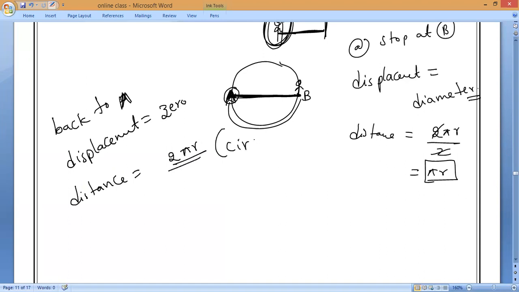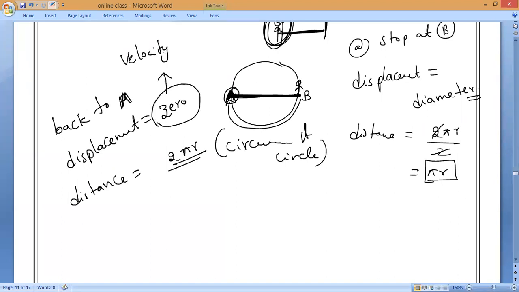So this is only the circumference of a circle. So whenever the displacement becomes 0, velocity also will become 0. But you can see distance is not going to be 0. So speed will never be 0. That is what you have to remember.